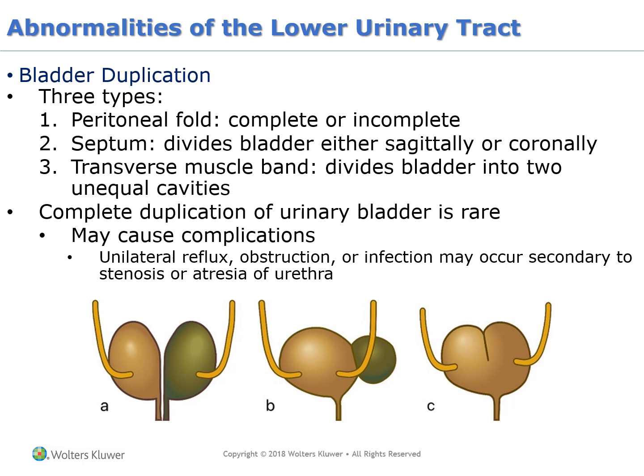Now, the complete duplication of the urinary bladder is rare. Anytime there is a duplication, it's going to act as a settling point for urine. So we have to be aware that anything that occurs because of stasis is going to be at higher risk of occurring with a duplicated bladder because of that lack of efficient emptying.